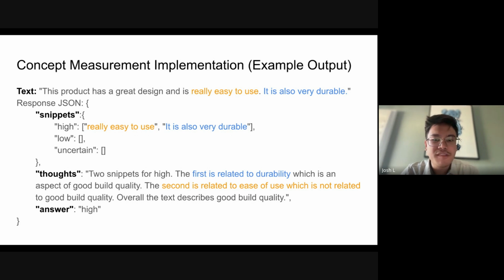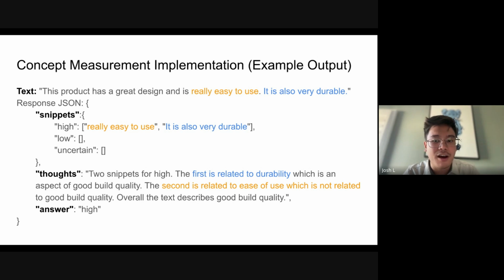But one interesting thing to note here is that really easy to use is not exactly related to good build quality. And note that this is in the exact prompt that we use for concept measurement. Something that we intentionally do in the prompt is that we show an example of where it makes a mistake in the snippet extraction.